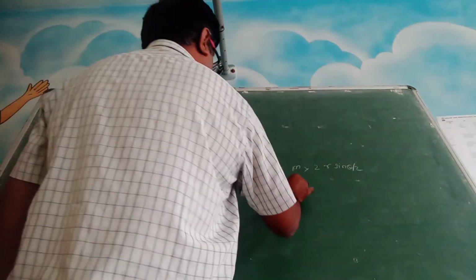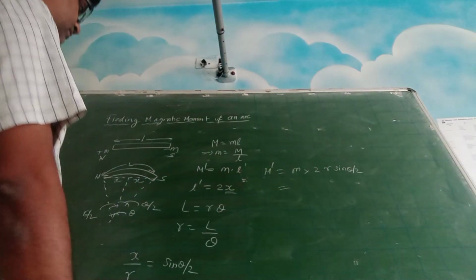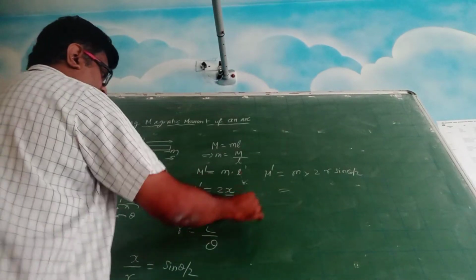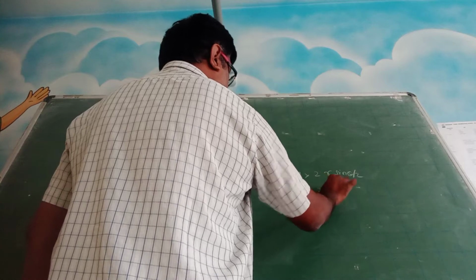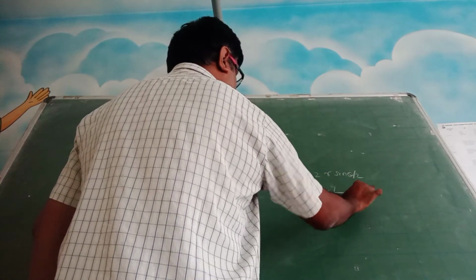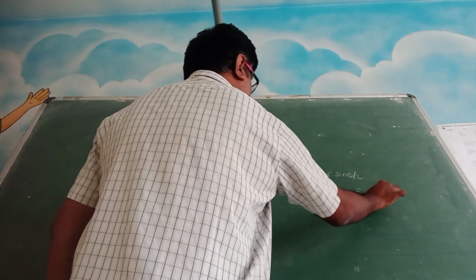Now let us try to eliminate this r using this expression, R is equal to L upon theta. So M into 2 into L upon theta into sine theta by 2.